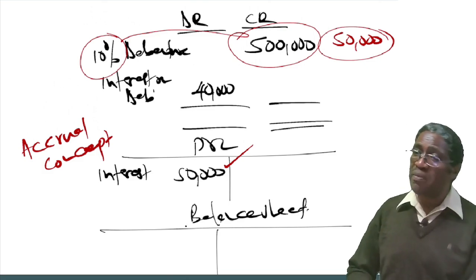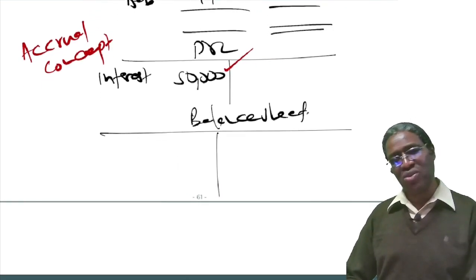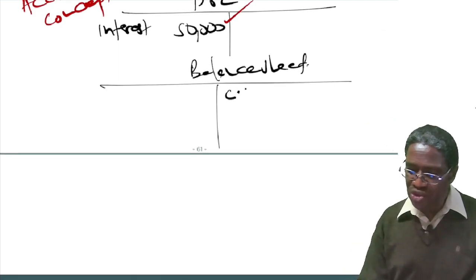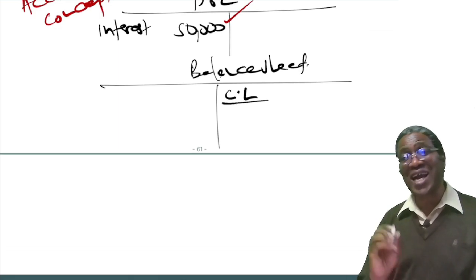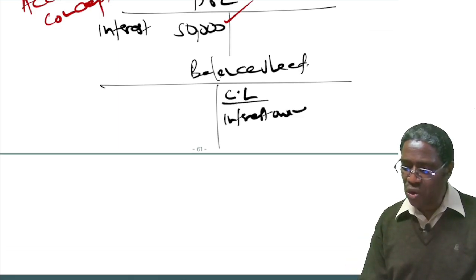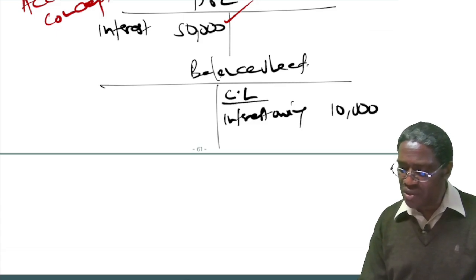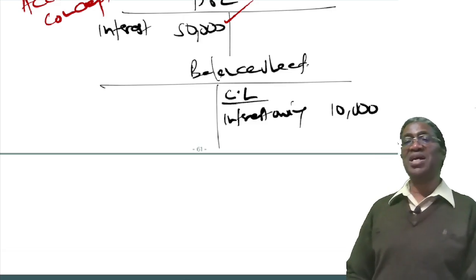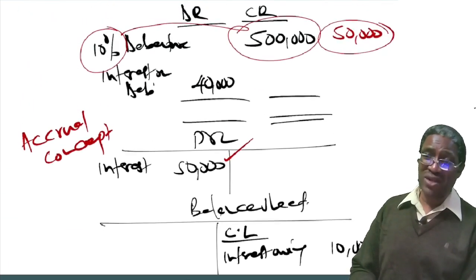So we owe them another 10,000 for their interest. It is that 10,000 that you take to the balance sheet as a current liability, interest owing of 10,000. That's how you prepare an income statement and a balance sheet if you are given a trial balance of this nature.